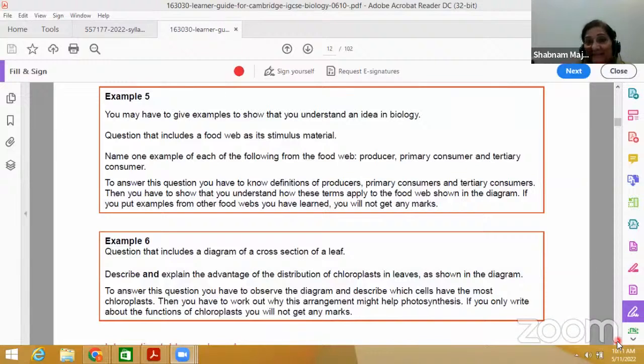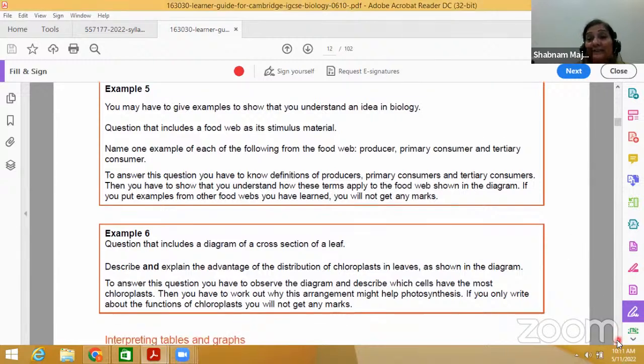So even in O levels, in sections B and C, they don't give one full 10 marks question, but they can divide it into 2 parts, right? 5 or 4 or 6 marks and all that. So a total 10 marks question is not there. Let me open the paper and I'll tell you how the 10 marks question is actually broken down into different parts.